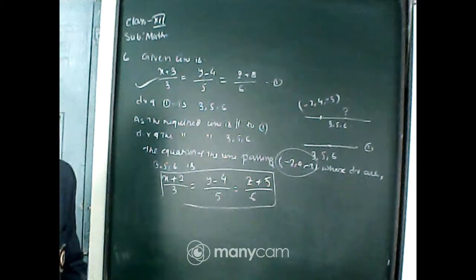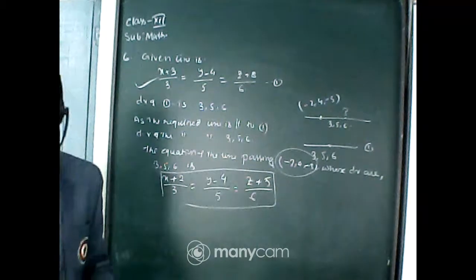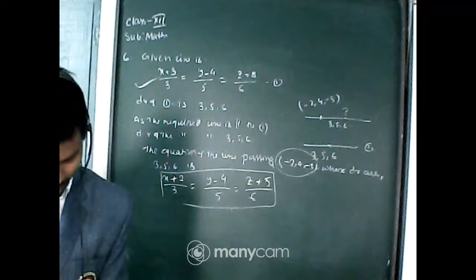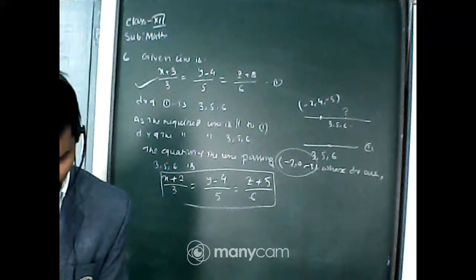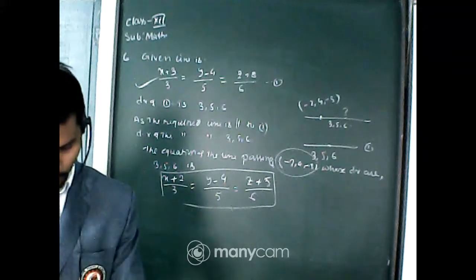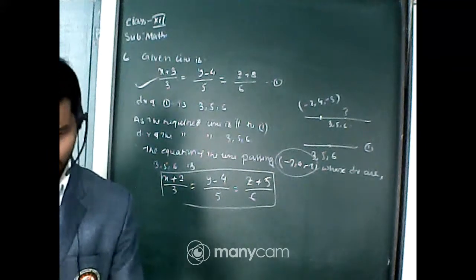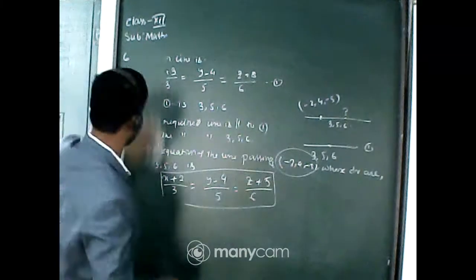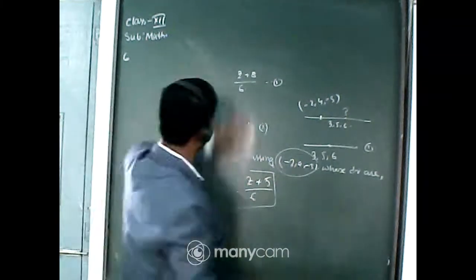Okay, now we'll solve question number 7. The Cartesian equation of a line is given, and we have to write the vector form of the line. Okay, let's see how we can solve the problem.